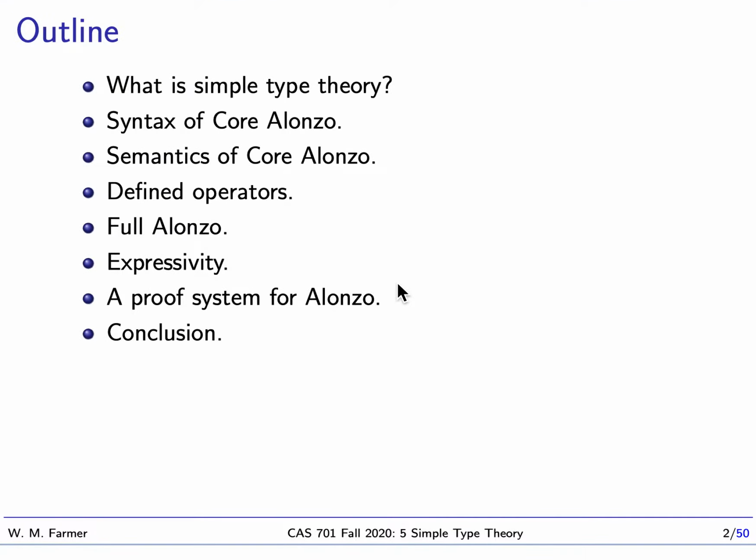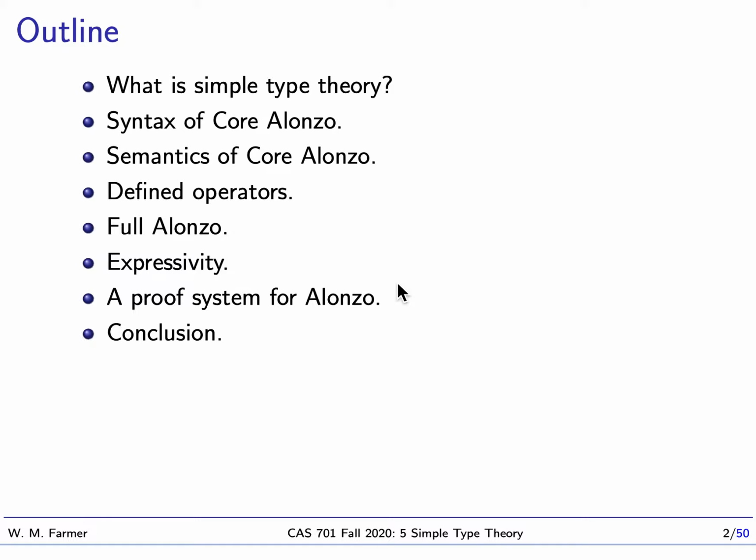Here's an outline for what we'll be doing. We're going to talk about what is simple type theory. Then we're going to look at the syntax and semantics of a version of simple type theory called Alonzo. Then we're going to look at different operators that we can define in Alonzo.